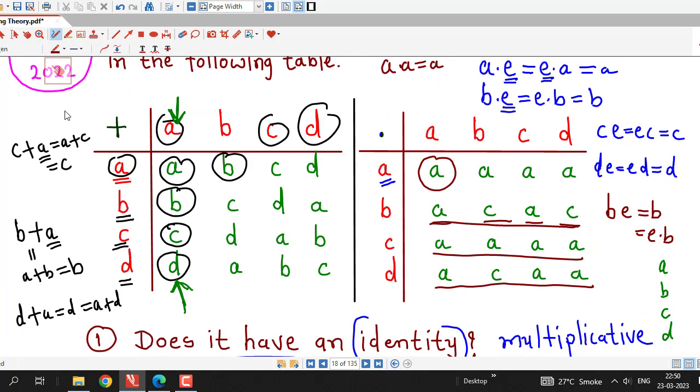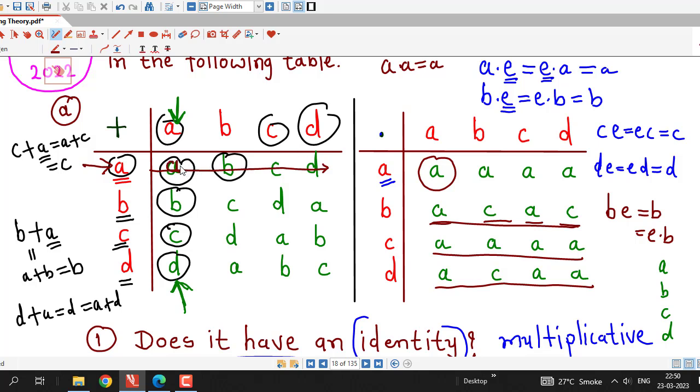Here we keep in mind that A is the 0 or additive identity of this ring. So if I want to search for the additive inverse of A, I will search in this row and I will search for the 0.